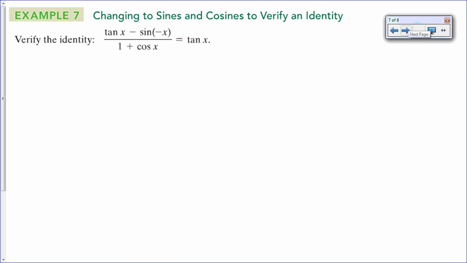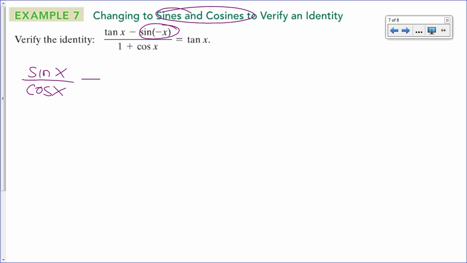All right. Let's get that one. So for that one, we change everything to sines and cosines again. So tangent will be sine of x over cosine x. And then here, something interesting happens because we'll have to use odd and even functions. According to that, sine is odd, which means that the sine of negative x is the same as negative sine x.